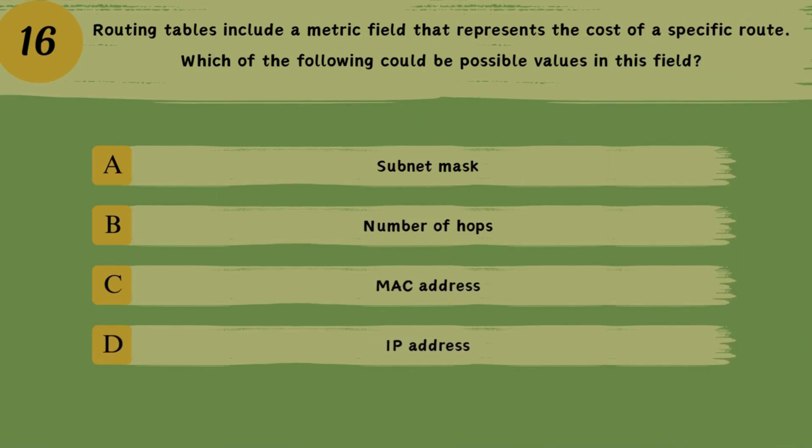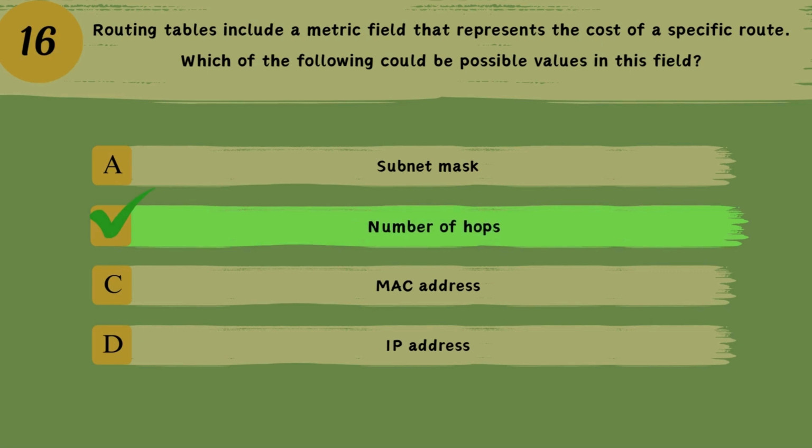Question 16. Routing tables include a metric field that represents the cost of a specific route. Which of the following could be possible values in this field? A. Subnet mask, B. Number of hops, C. MAC address, D. IP address.